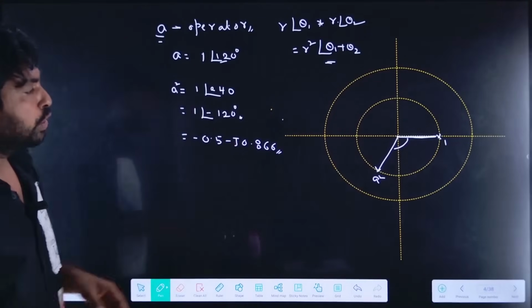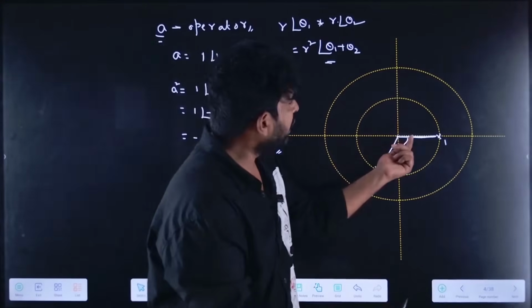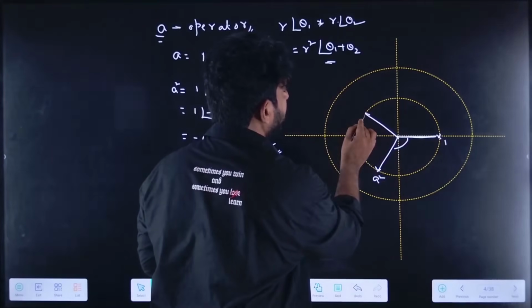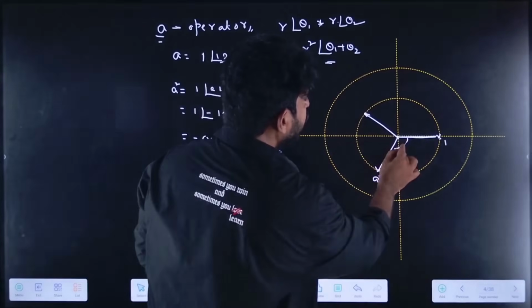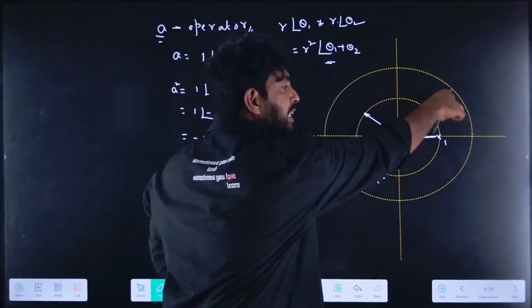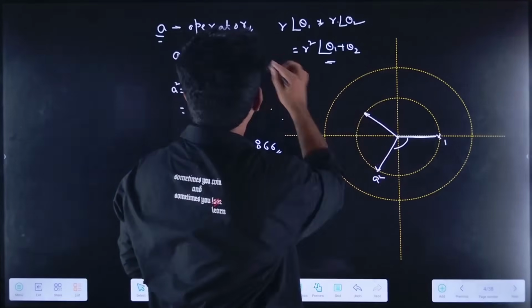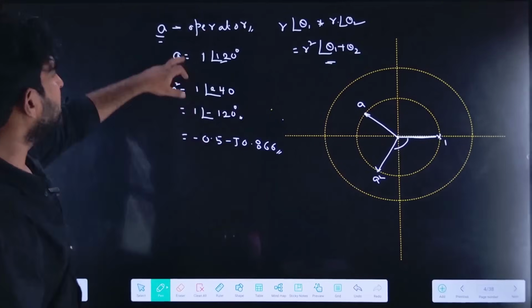Now if I want to draw A, how will A be? It is 1 at an angle 120 degrees, or 1 at an angle minus 240 degrees. 120 plus 120 in this direction is negative, and in this direction you should consider it positive, which is equal to A. What is the A value?